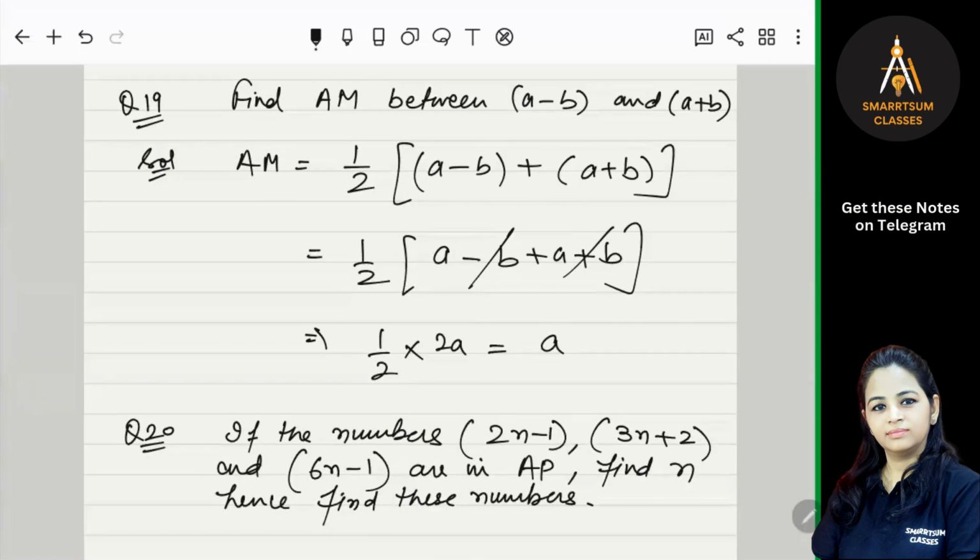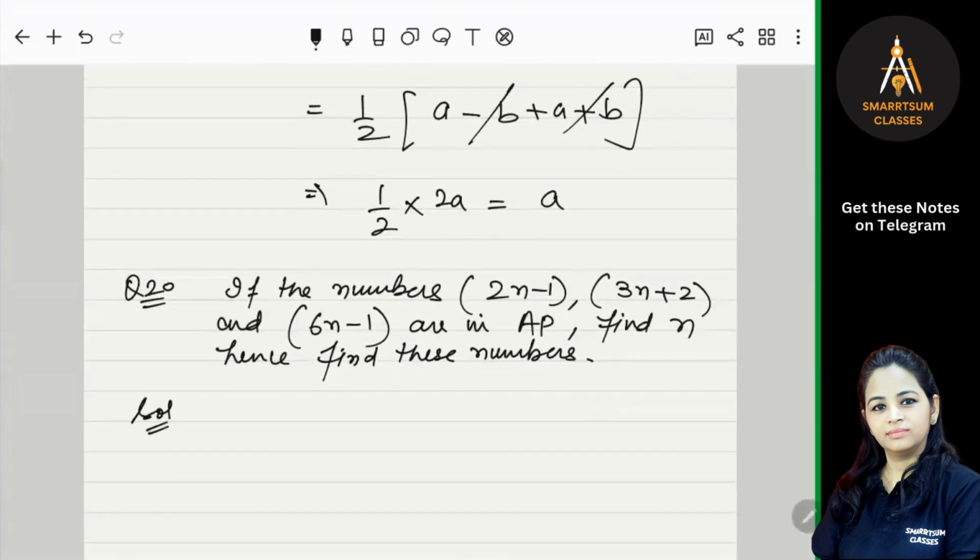So if the numbers 2n minus 1, 3n plus 2, 6n minus 1 are in AP, then you have to find the value of n, and then you have to find these numbers. Getting it?